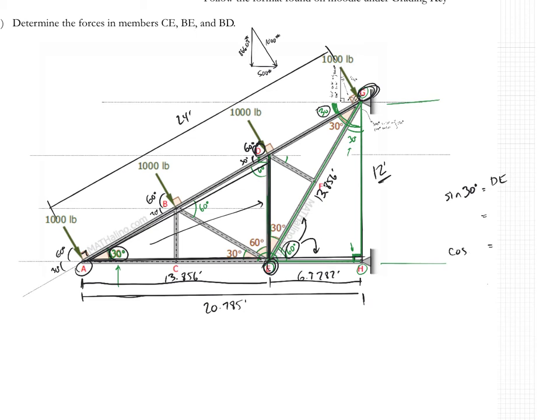Let's use the tangent instead, because the adjacent is known and the opposite is what we're looking for, so the tangent makes the most sense.